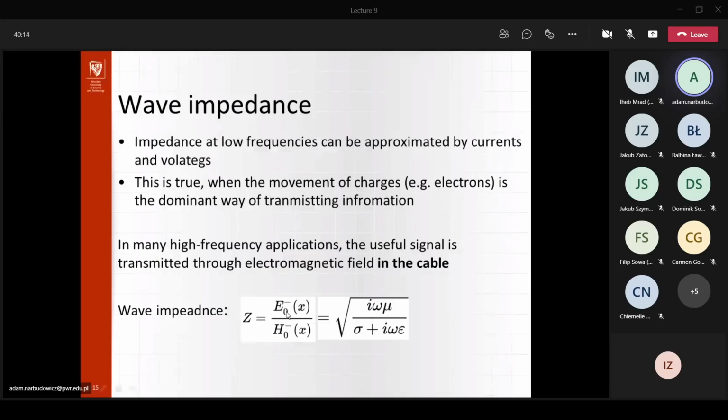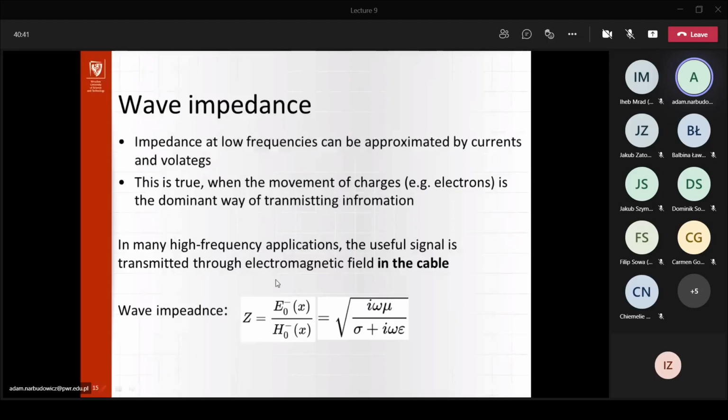The electric field more or less corresponds to the voltage at low frequency, and the magnetic field is also proportional to the current. So this generic wave impedance should yield the impedance that you know well from other modules.